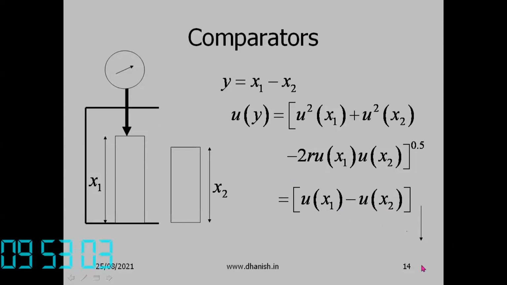Okay, so this is how we can use the effect of correlations positively. So similarly, when measuring weights, so if you measure your weight in the same balance every time, then since the weights are correlated, the uncertainties will be less than if you measured in different balances.